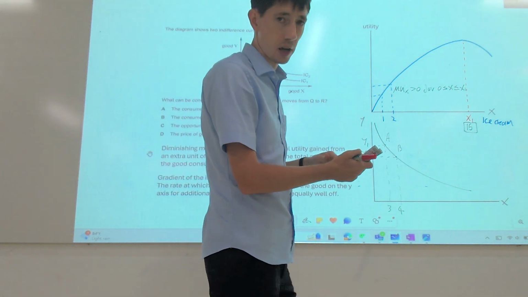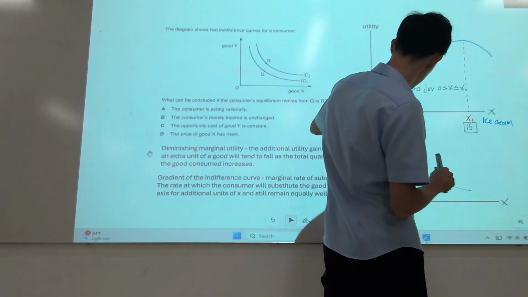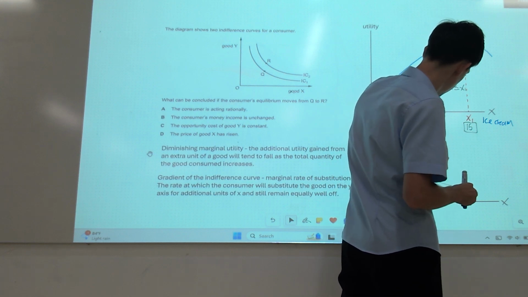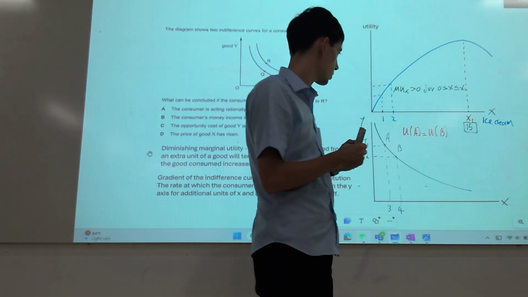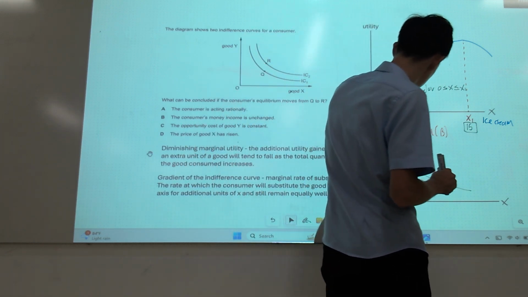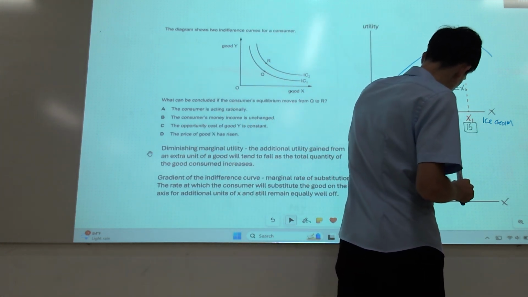So imagine here that I was to say the following. I know that the utility at point A is equal to the utility at point B. So when I move from A to B, the change in utility is 0.